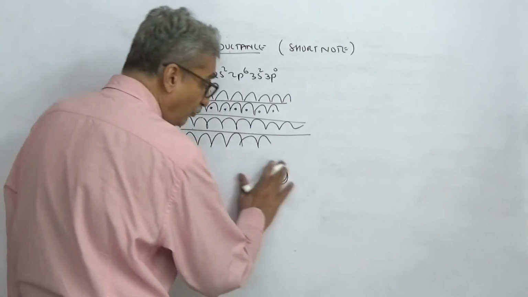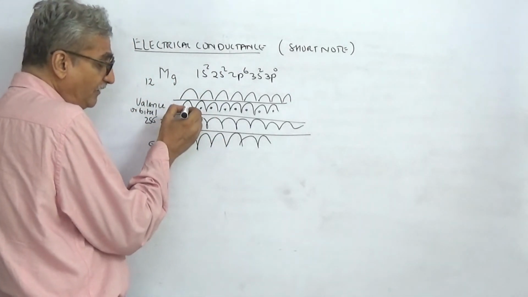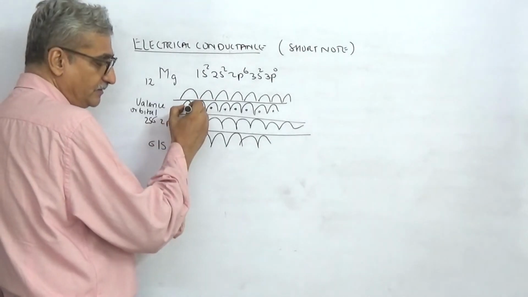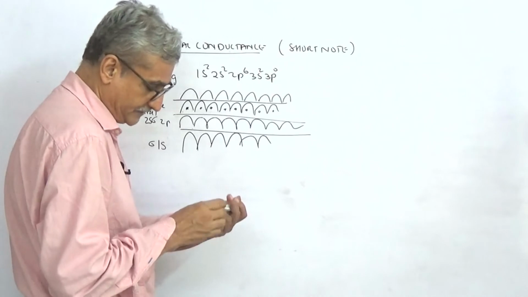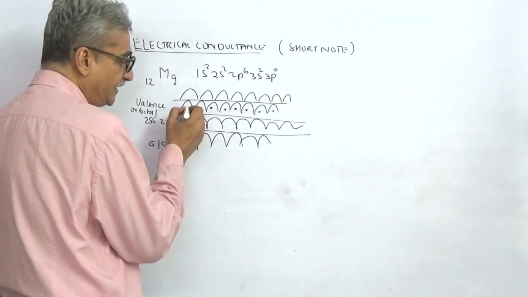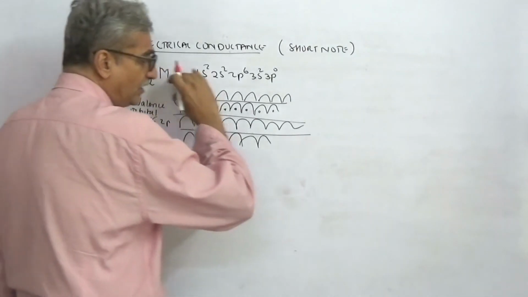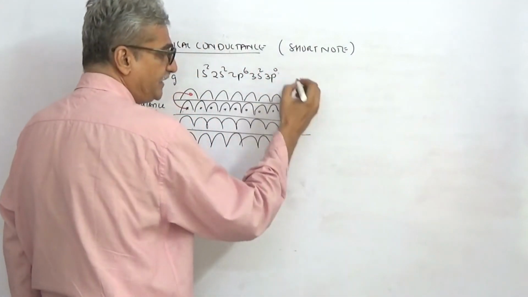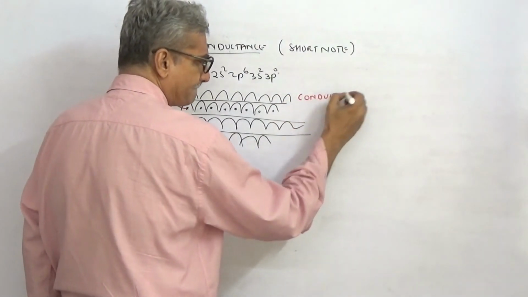Okay. Why does it still move? What is happening is, from the valence orbital, the electron is jumping. This electron is jumping into the conduction band. So the molecular orbitals in the 3p are called the conduction band.